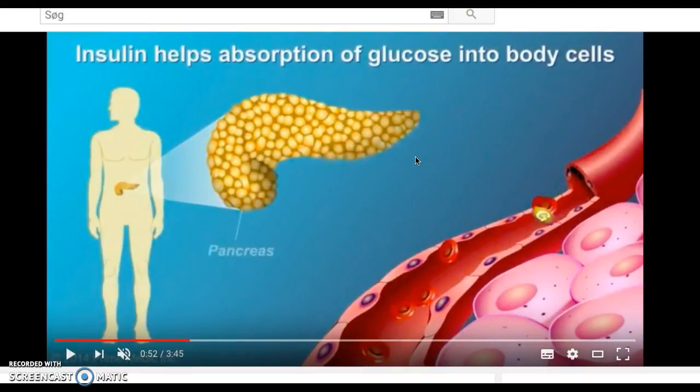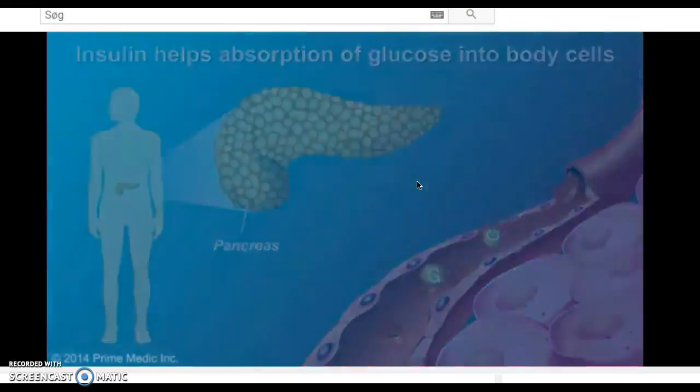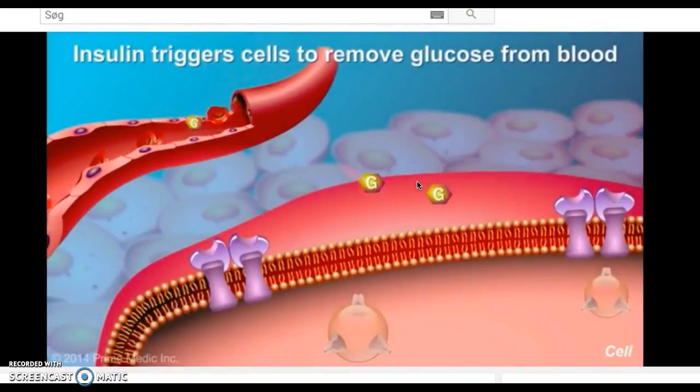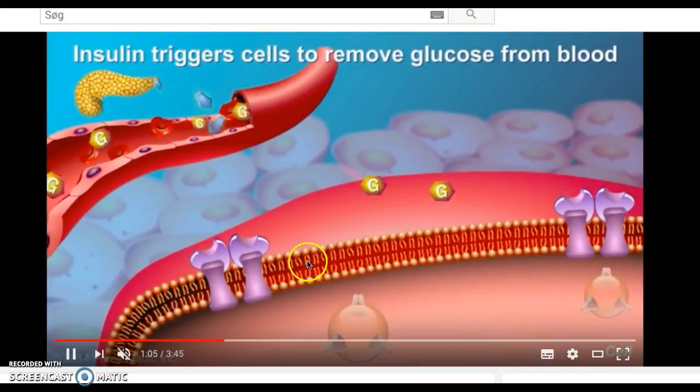So when the amount of glucose rises in the blood after a meal, the pancreas beta cells will start to produce the insulin molecules, as we see here. So this is the insulin. And now the insulin will start to bind to this purple thing here, which is the insulin receptors.